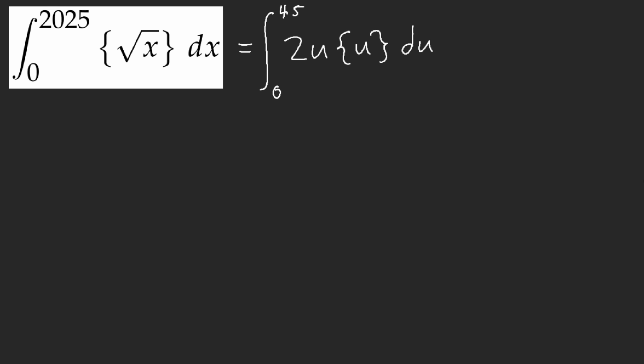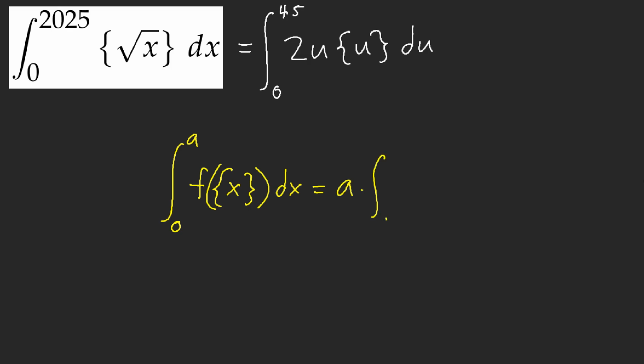What we're going to do is take advantage of the periodic rule, where if you have an integral full of fractional parts, then this is going to equal a times the integral from 0 to 1 of f of x, because fractional parts are periodic at 1, so we can utilize this periodic formula.